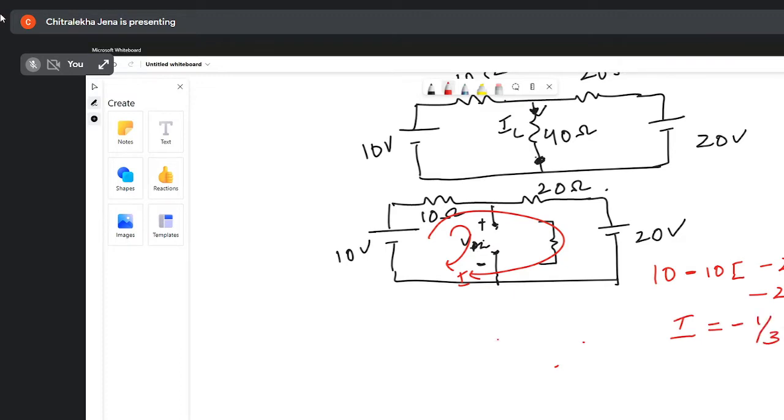Very good. So that means the current is actually flowing opposite to what I have assigned, in the anti-clockwise direction.